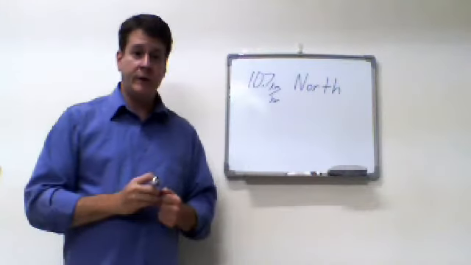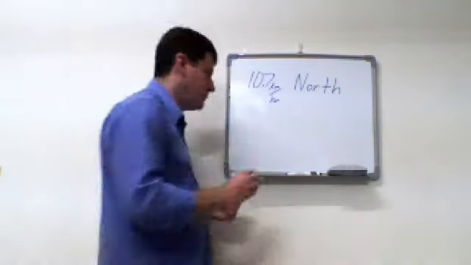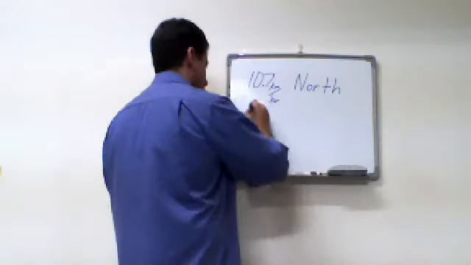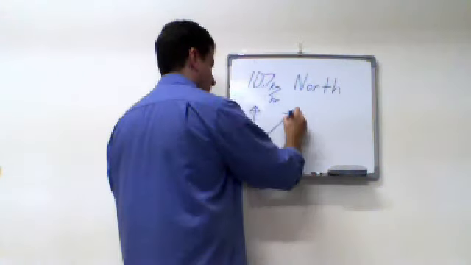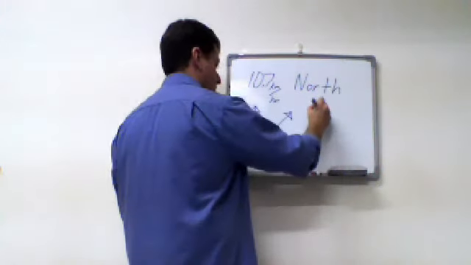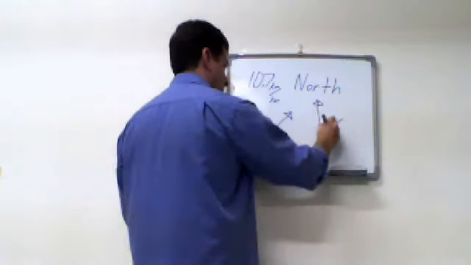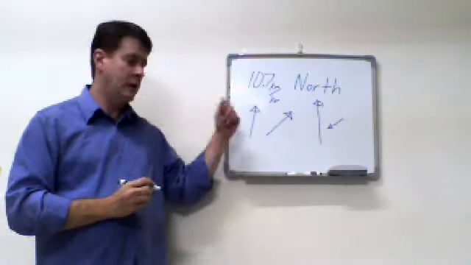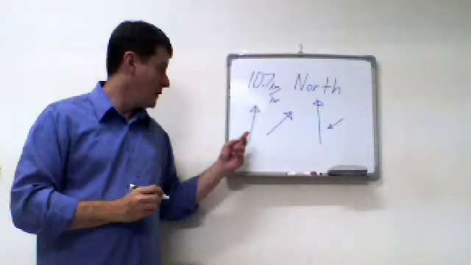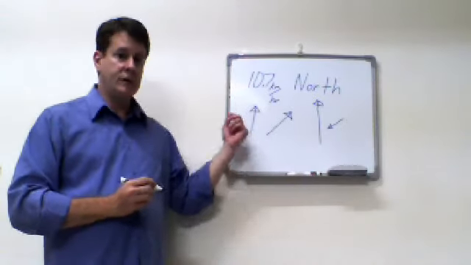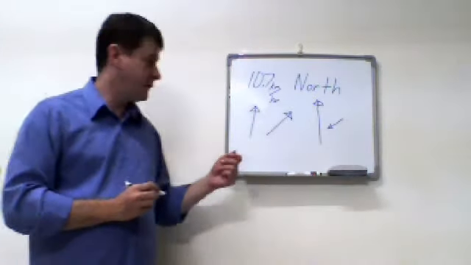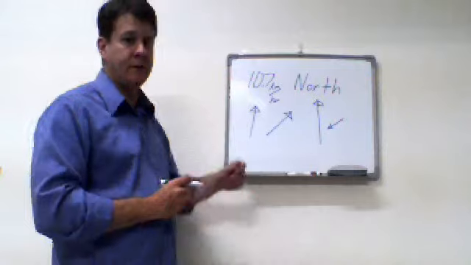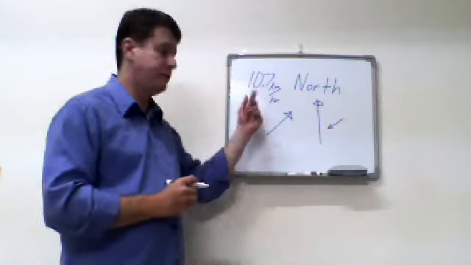The way that we represent a vector is with an arrow. We have the beginning, the end point is the arrow point. The arrow points in the direction of the vector itself, and the length of the vector is going to represent the magnitude of the vector.